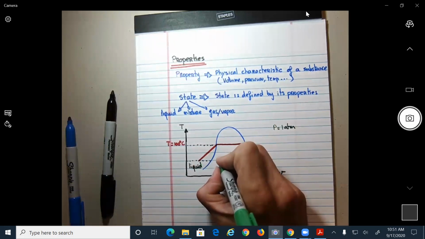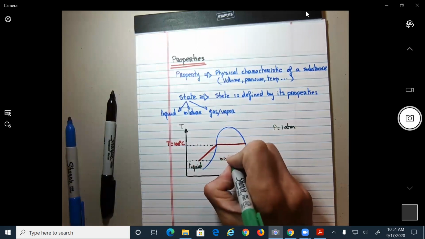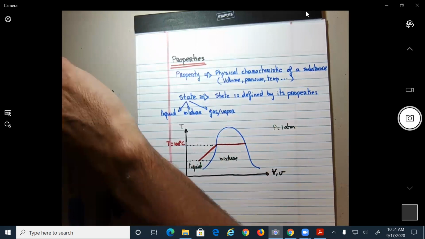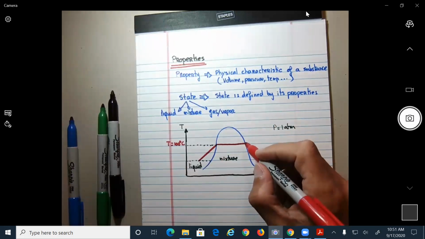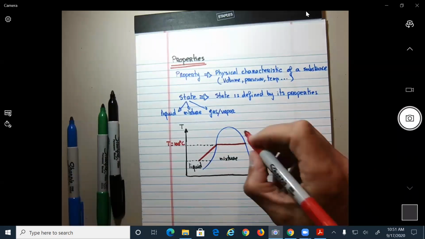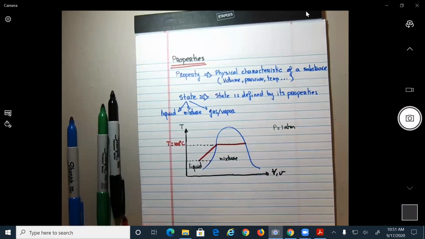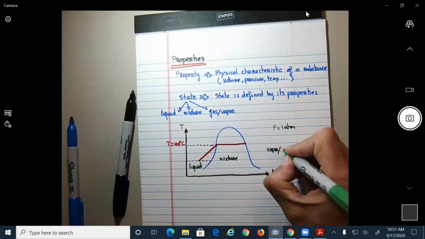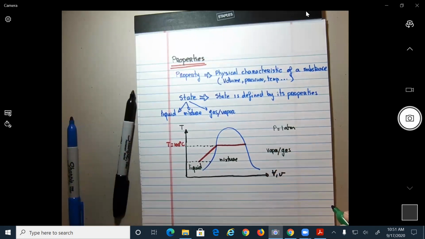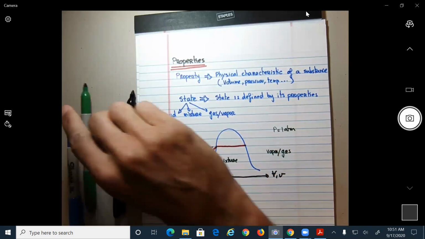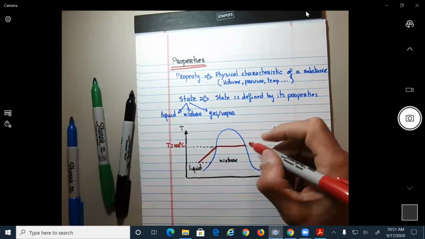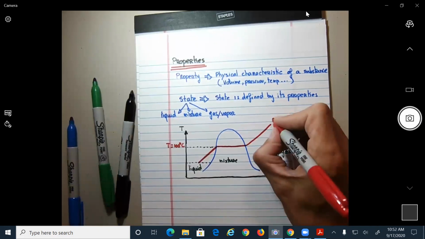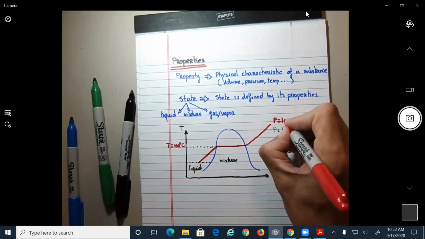Here you will have a mixture of liquid water and gas. And then what will happen once all the water has finished evaporating? Everything will be in the vapor or gas state. In this case, at constant pressure, the temperature will keep increasing. And again, this will be at P equal to 1 atmosphere.